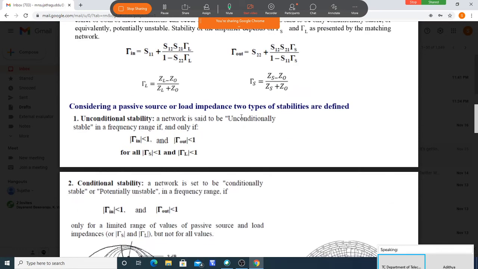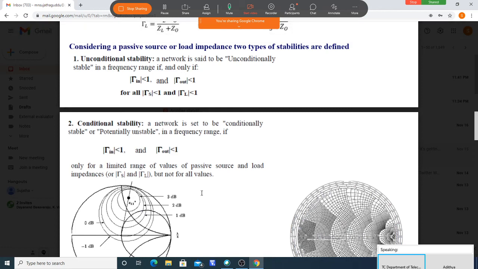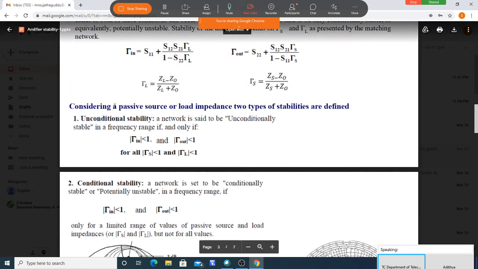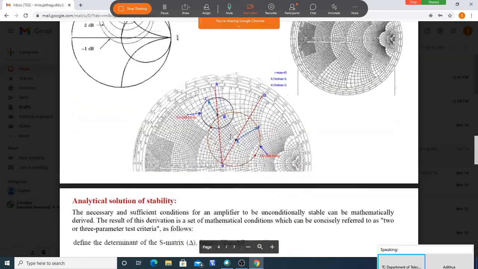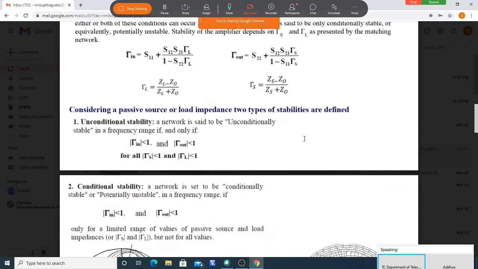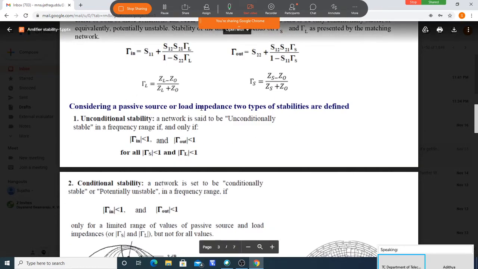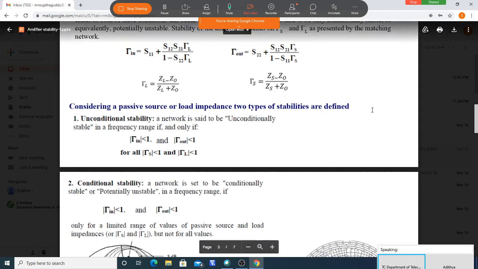Okay, so there are two types of stability checks we have, considering a passive source or load impedance. We are assuming the source and load are passive here.